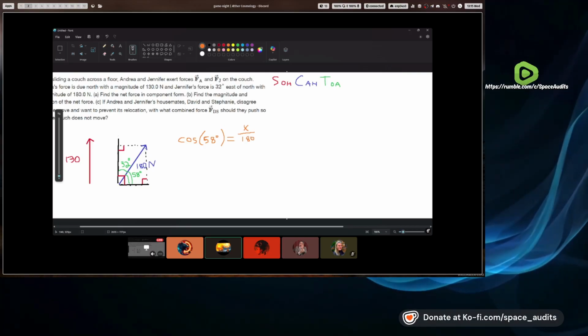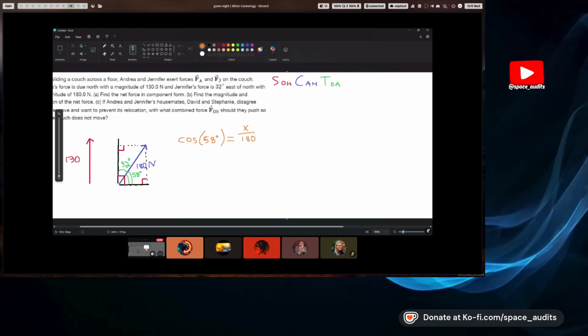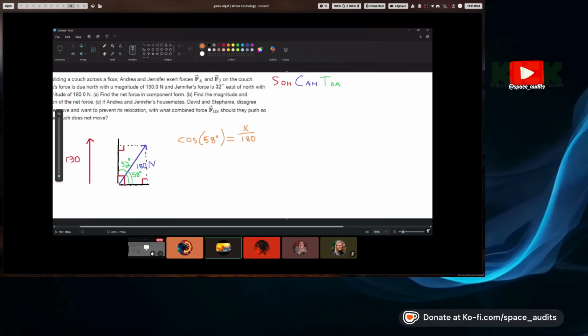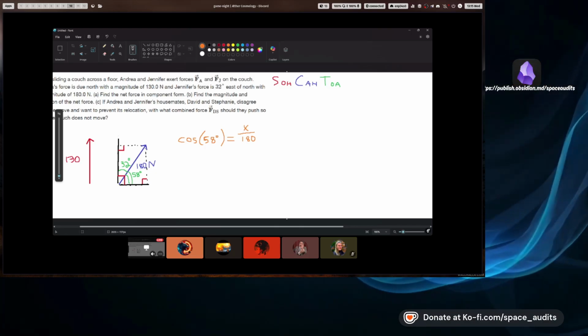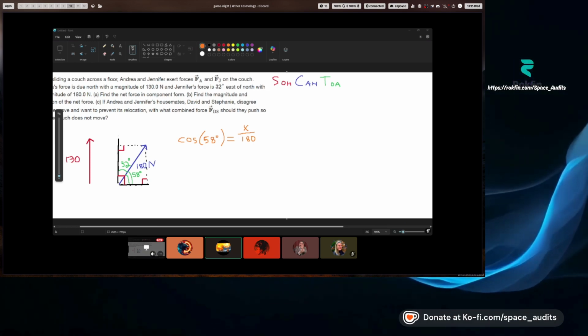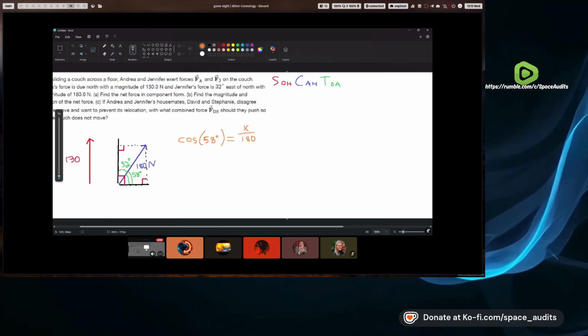Now we're dealing with algebra, okay? Because I want to solve for x, right? So I've got x divided by 180 equals cosine 58 degrees. So what can I do to get x by itself?